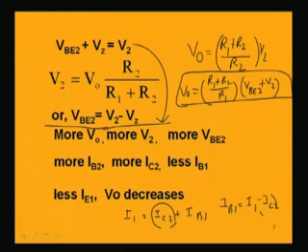VBE2 will be almost constant at that particular transistor base emitter voltage. So the output voltage V0 is basically constant, which can be seen from this expression itself. Whatever changes occur in the output voltage are taken care of by the controlling circuit, which is the transistor, and the output voltage will be maintained at a constant value.